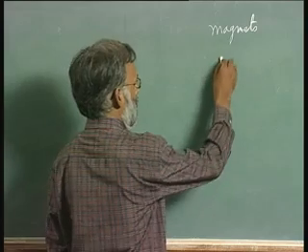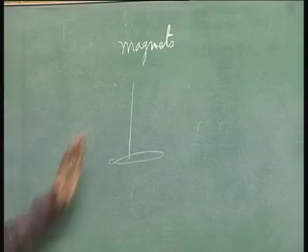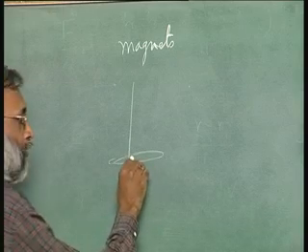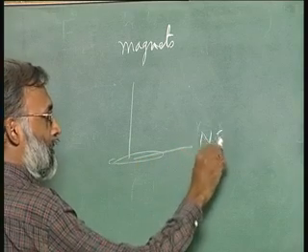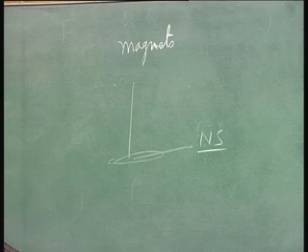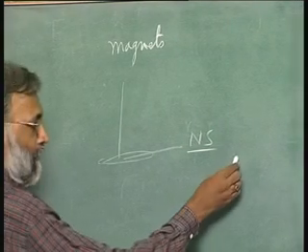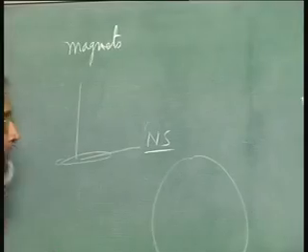If you took a string and you took a magnetized object and you waited for it to settle down, it would always point in the north-south direction. After a fair amount of time, people realized that this is because the earth itself is a gigantic magnet.